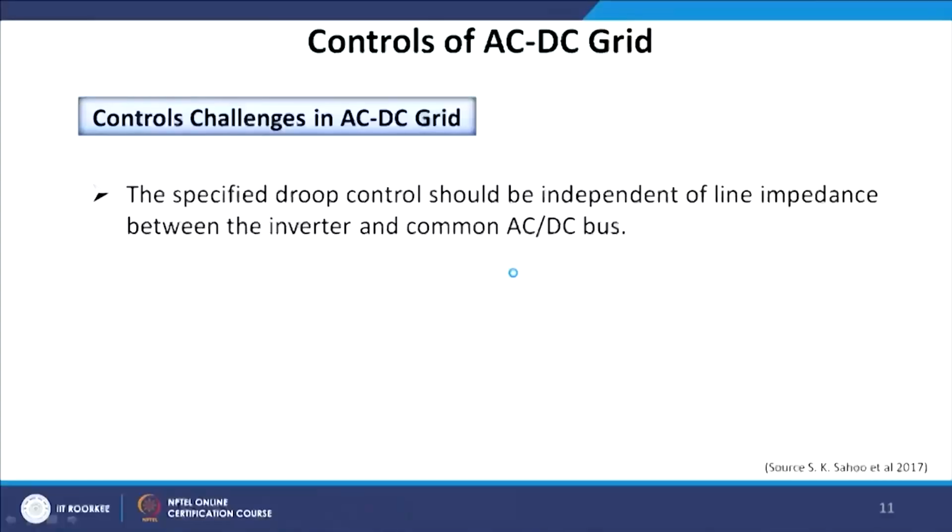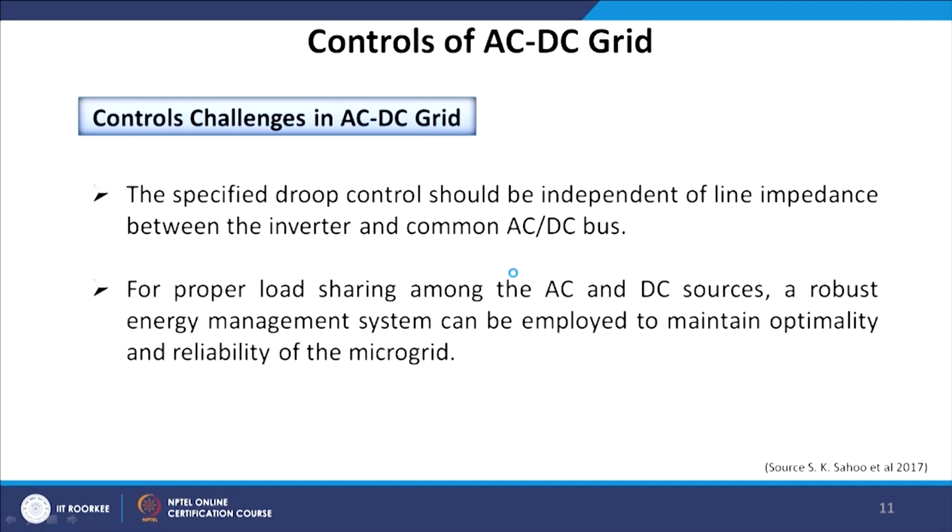The specified droop control should be independent of line impedances between the inverter and the common AC-DC bus. For proper load sharing among the AC-DC sources, a robust energy management system can be employed to maintain optimality and reliability of the microgrid.